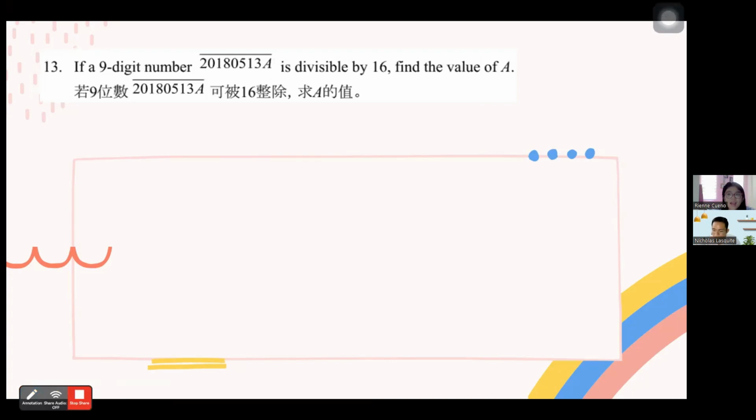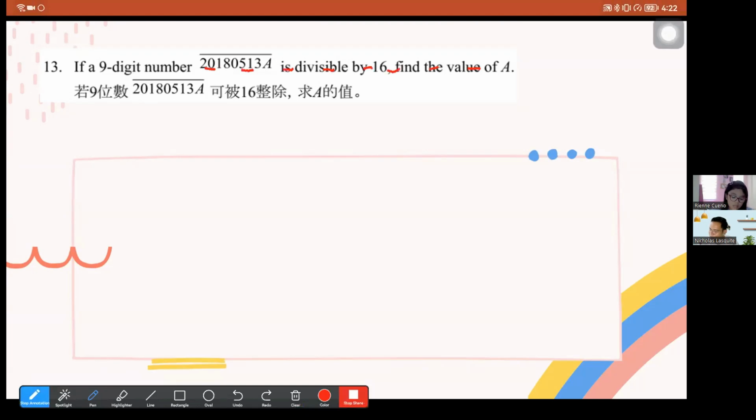Okay, let's have number 13. If the 9-digit number 201805138 is divisible by 16, find the value of A. If it's divisible by 16, what does that mean? Divisible by 16 means it is divisible by 4, or by 2 and 8, right?